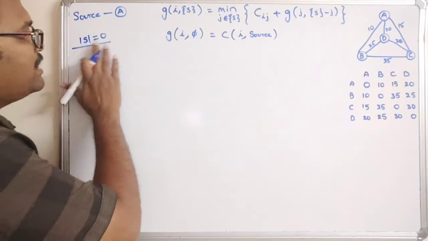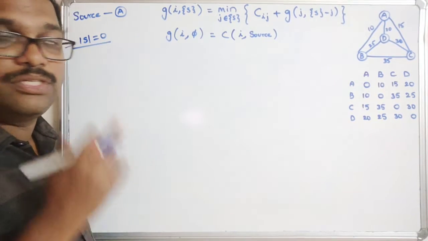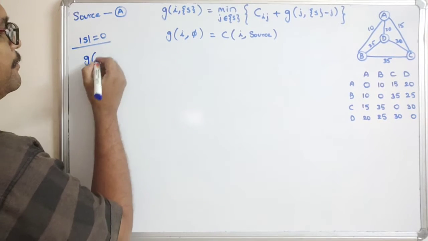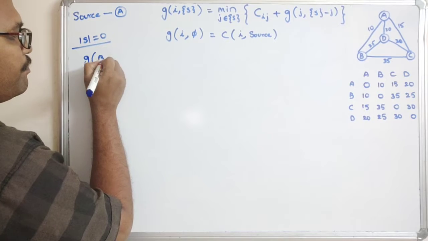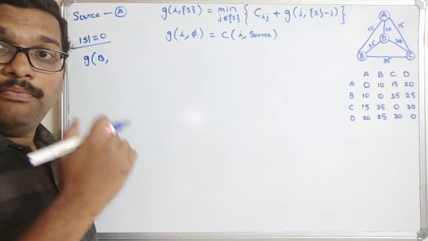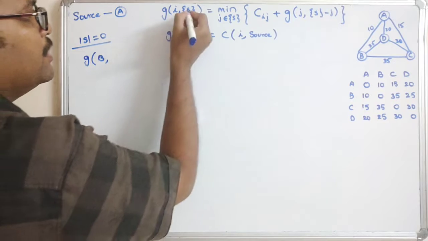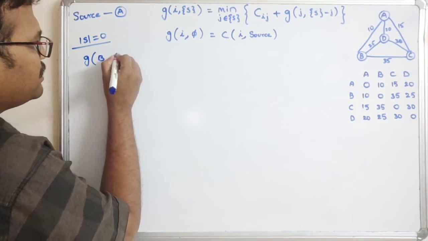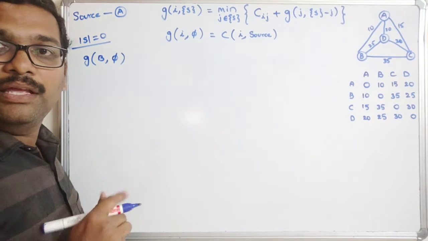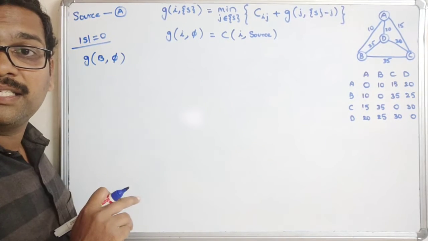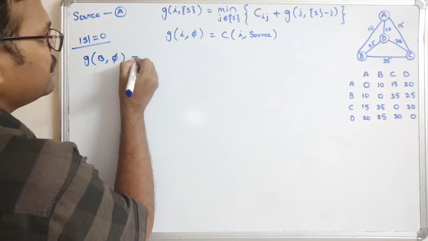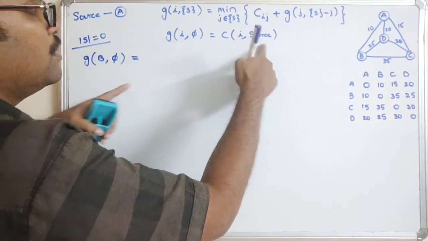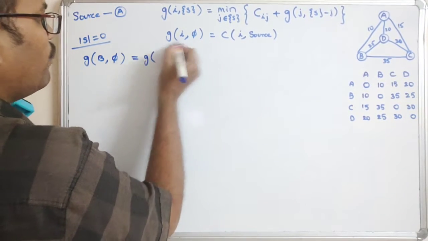So if set is equal to 0, apply the formula G of i, meaning G of B comma set is 0. There is no element, so that can be represented as pi. If set is equal to 0, then we can represent it as pi. Now what happens? If set is 0, then i comma source. So this will be G of, what is i here?